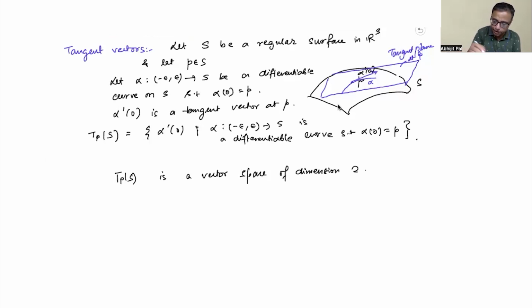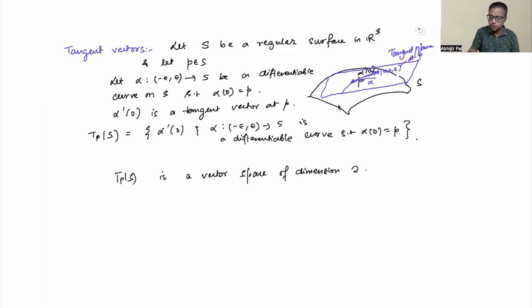Nevertheless, if I take these vectors alpha prime 0, and if I take this point to be x, y, z, this will correspond to x, y, z minus P. So in that sense, you can also think of this tangent plane as a vector space. Rigorously, it means that if I translate this tangent plane to origin, then it will be a vector space of dimension 2.